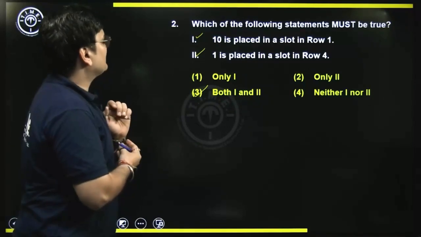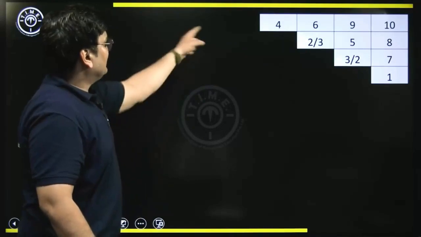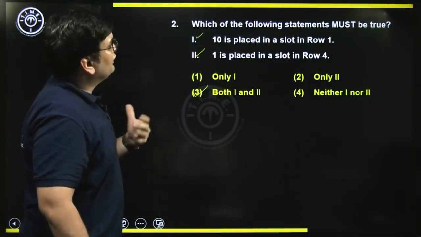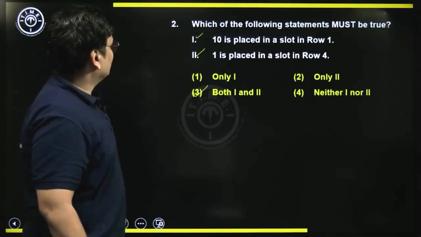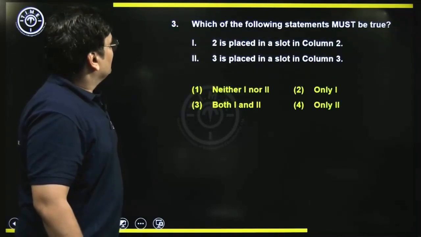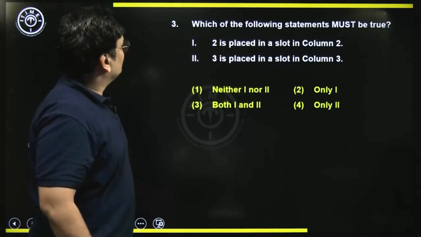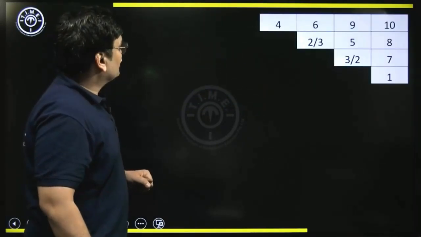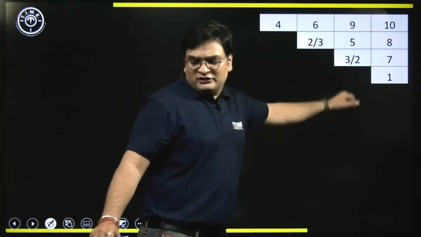Which of the following must be true? So, 10 is placed in row 1, that is correct, and 1 is placed in a slot in row 4, that is also correct, so both are correct. Third one, which of the following statements must be true? 2 is placed in a slot in column 2, now may or may not be, because 2 could be in column 2 also or in column 3 also.